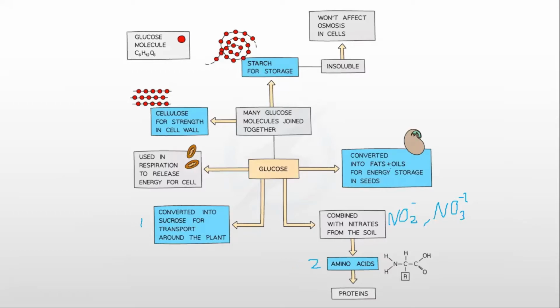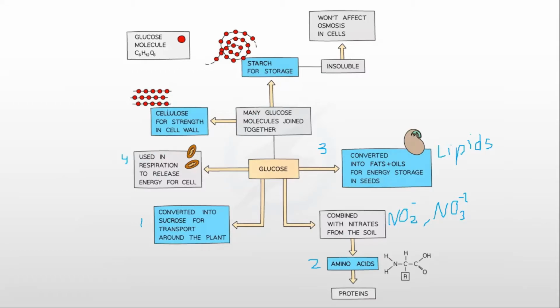Or they can be converted into fats and oils for energy storage in seeds, meaning they can be converted into lipids. We are still talking about the products of photosynthesis. Glucose is a product of photosynthesis, which is further used in so many things. Or glucose can be used in respiration to release energy. So this was the third function, and this was the fourth function.